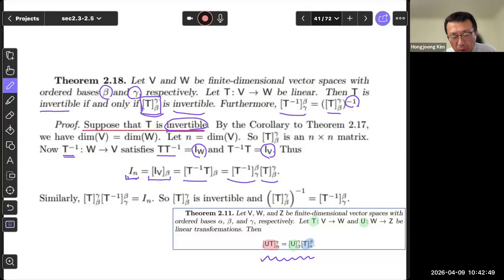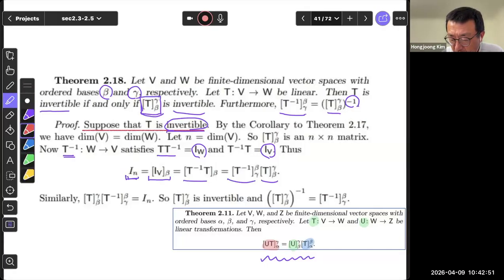So when I multiply these two, you get the identity matrix. That means one is the inverse of the other. So that's why we derived this.